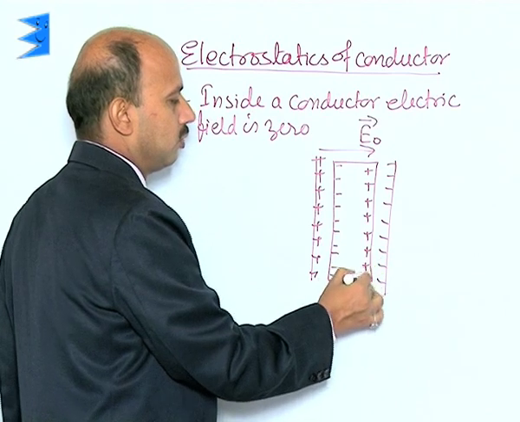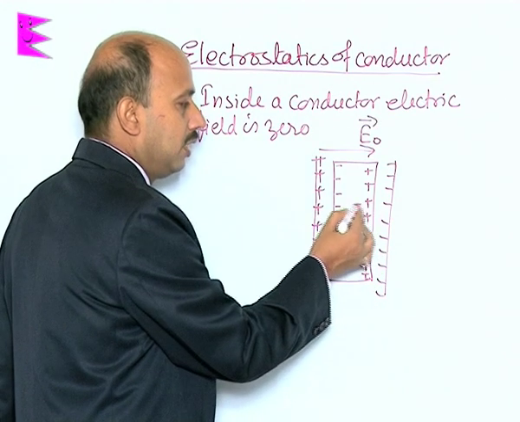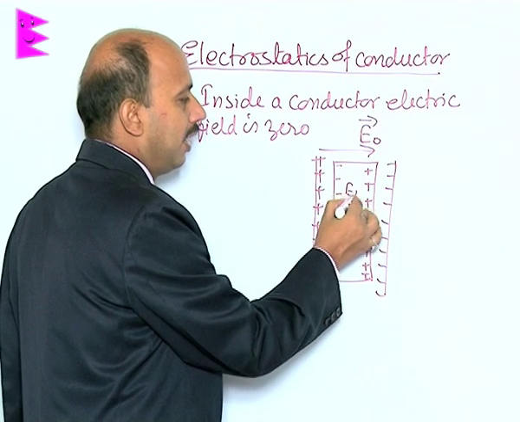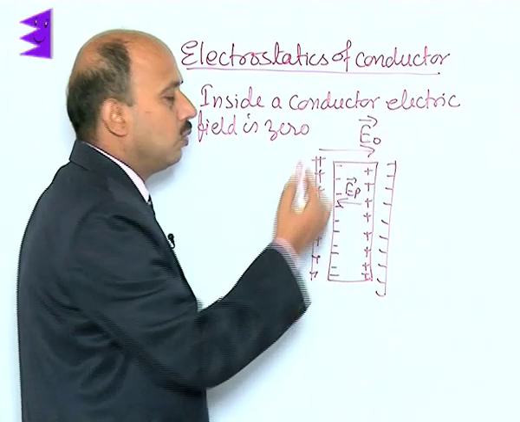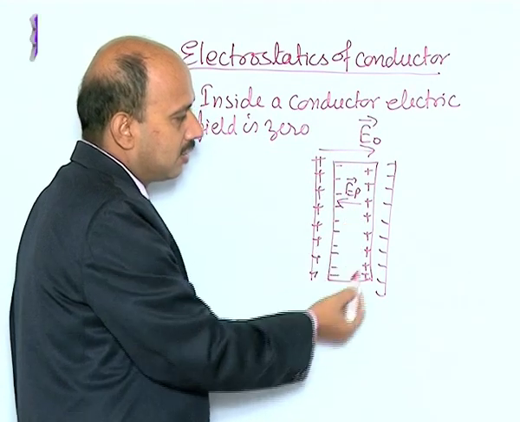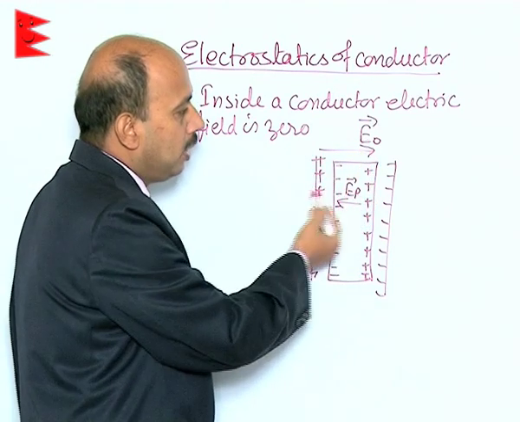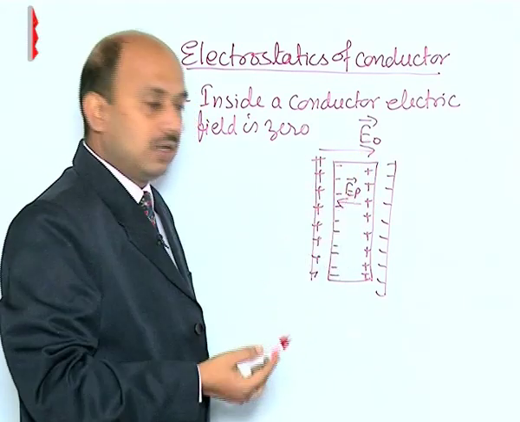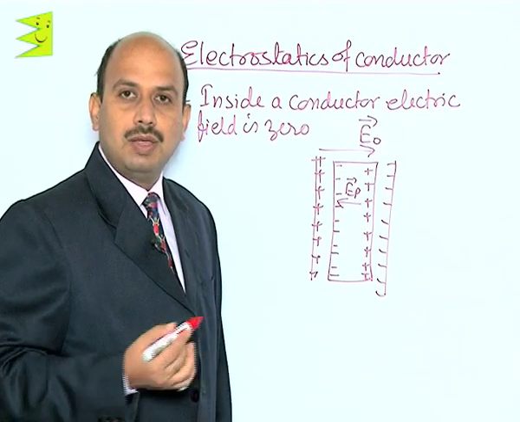So positive charges will come to this side. This will continue till the electric field inside it, that is EP, becomes equal to E naught. As soon as EP becomes equal to E naught, the movement of the charges to this side or that side will stop, that is the condition of equilibrium.